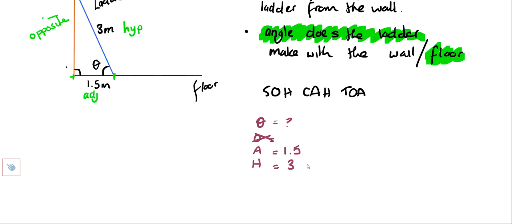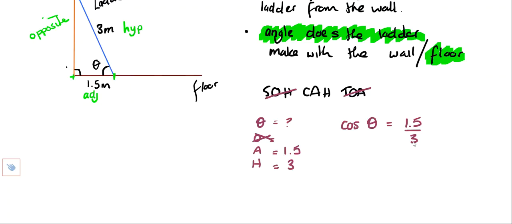Okay, so anything with an O in it, we cross out. So I know I'm using cos of theta equals 1.5 over 3. Adjacent, 1.5 over 3. And then you do theta. So do you remember what we said? Just to recap, and for Jasmine, cos theta is just a number.